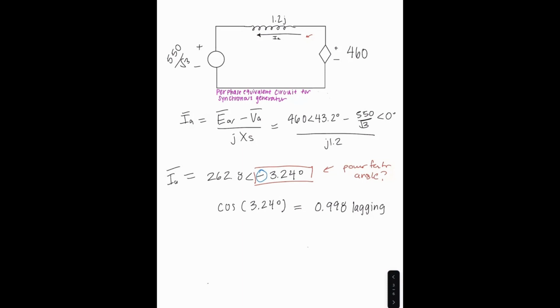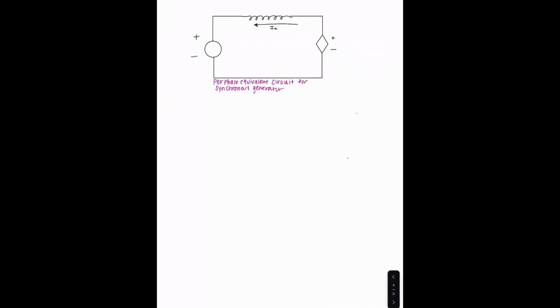So basically what it's asking for is the reactive generation Q. And actually, this power factor angle comes in handy for solving for the reactive generation. So if we move here, we can say that QT, which I'm going to call it QT, but you can call it Q, is the reactive generation. And so how do we solve for that, right?